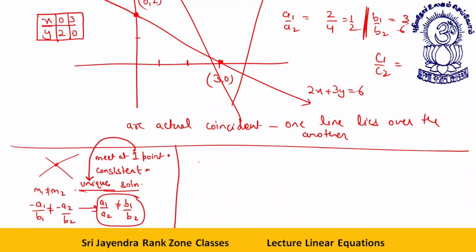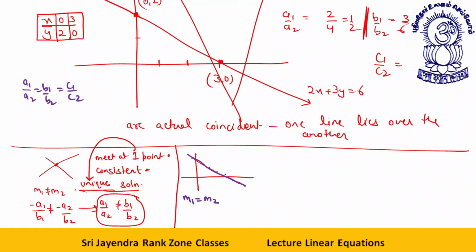Now, very recently, what we discussed. This is one line, and on the top of this is another line. They intersect at many places. Here we have m1 equal to m2, or from here I observe a1/a2 equal to b1/b2 equal to c1/c2.